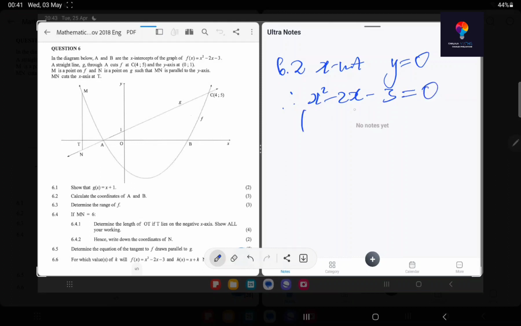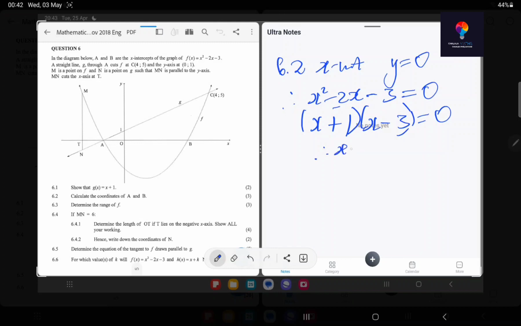Then we factorize the equation, which is going to give us (x minus 3)(x plus 1), because when you add minus 3 plus 1, you get minus 2, the coefficient of x, and when you multiply positive 1 and minus 3, you get minus 3.